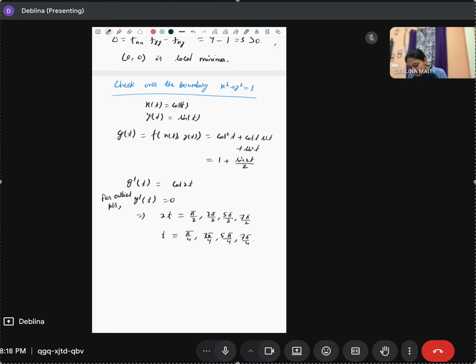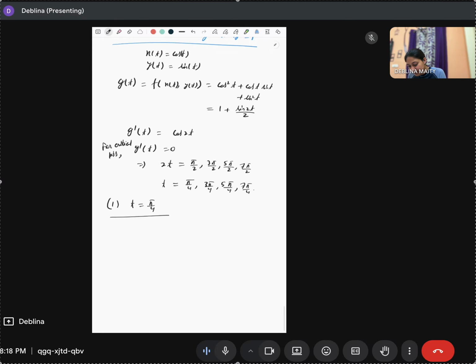Now the first one, if t equals pi by 4, the point is (cos t, sin t). This means it is (1 by root 2, 1 by root 2), right?